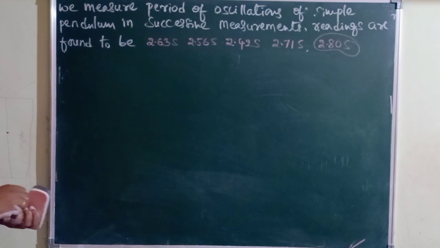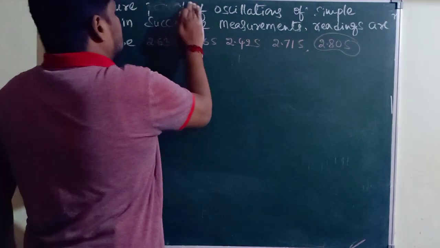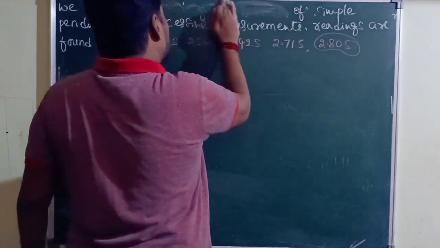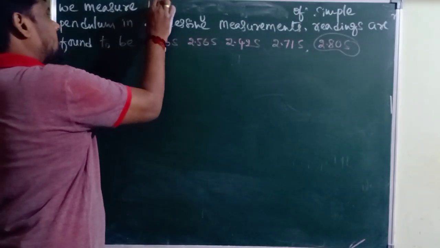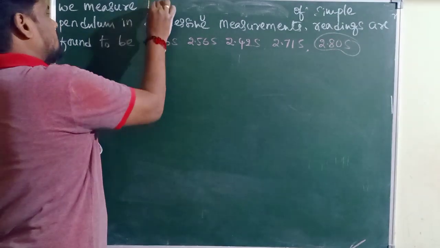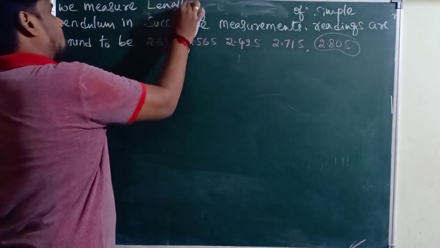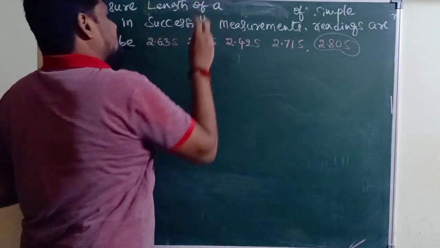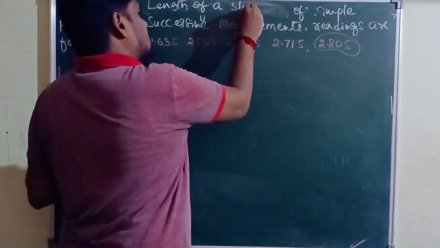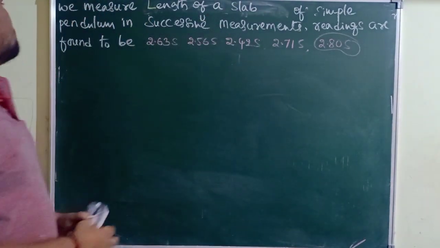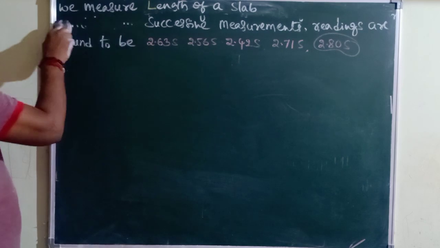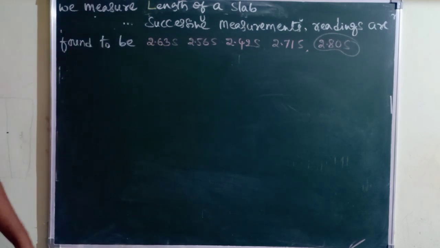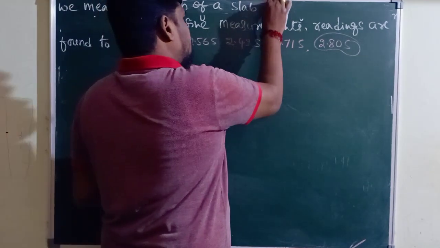We measure the length of a given block or slab by using a vernier caliper.